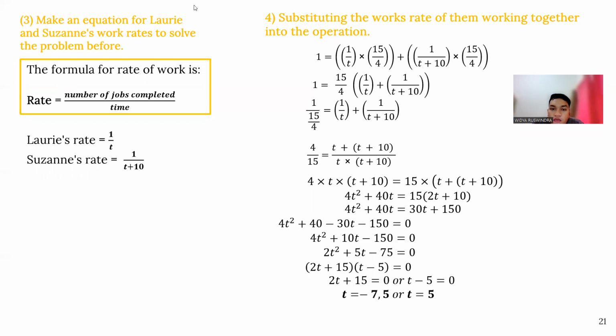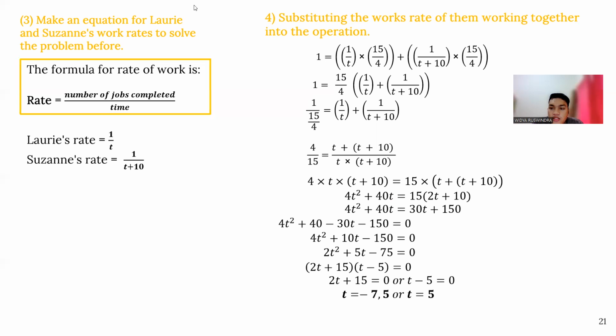And we get 1 equals 15/4 with factorization, 1 equals 15/4 times (1 per t plus 1 per t plus 10). We divide both sides by 15/4, and we get 1 divided by 15/4 equals 1 per t plus 1 per t plus 10.